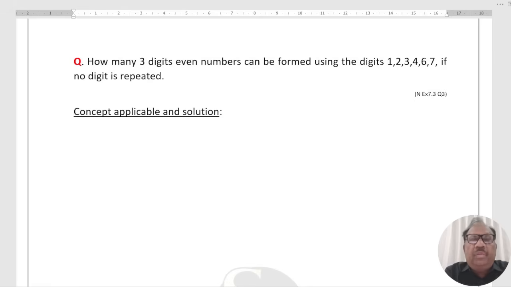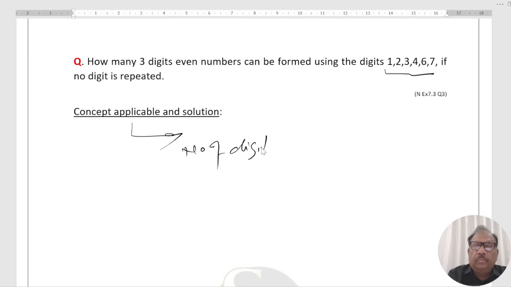Question is, how many 3-digit even numbers can be formed using the digits 1, 2, 3, 4, 6, 7, if no digit is repeated? Concept applicable and solution. Number of digits given are 6.